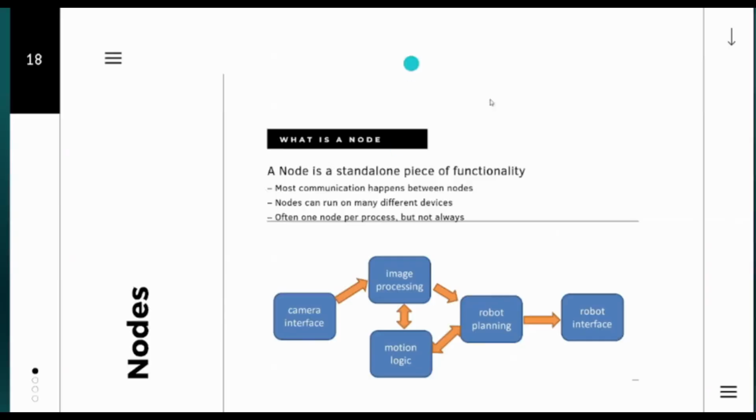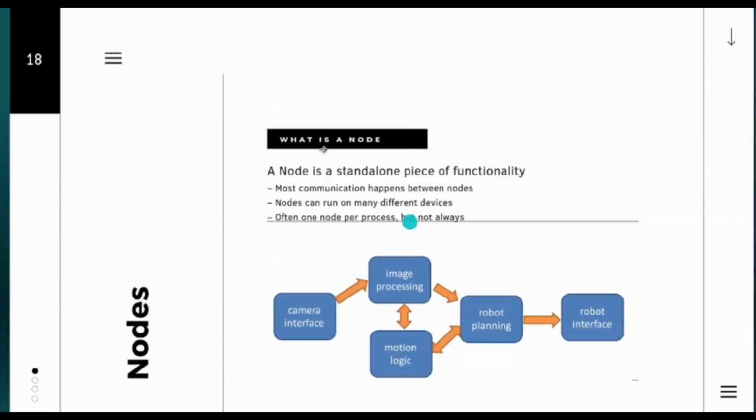So if you would like to have a little more understanding of ROS2, there is another thing called nodes. In ROS2, a node is a standalone piece of functionality, which can be described as a running process or a piece of code that is providing functionality.